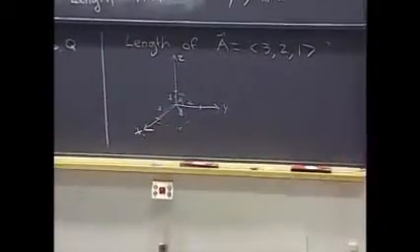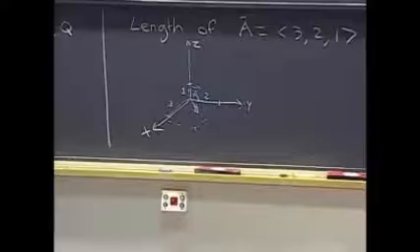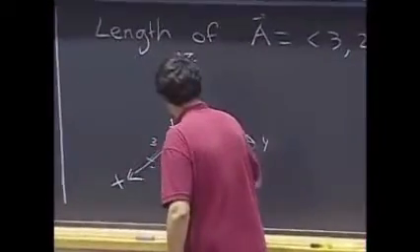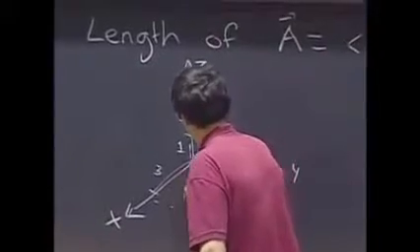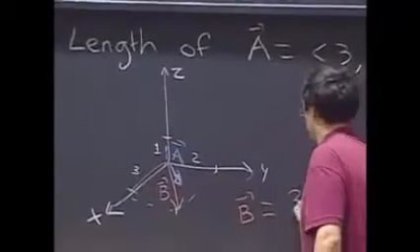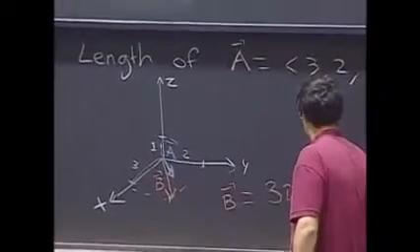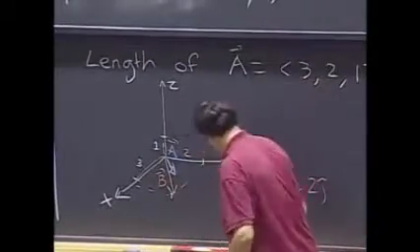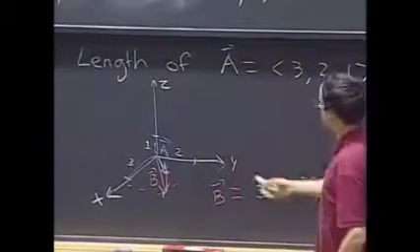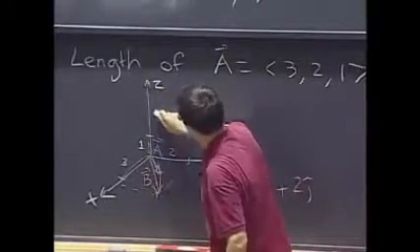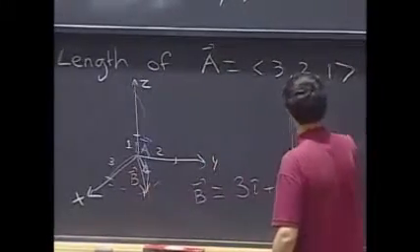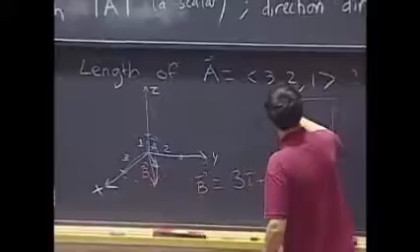Maybe we can start with something easier, the length of a vector in the plane. Observe that A is obtained from a vector B in the plane, say B equals 3i hat plus 2j hat, and then we just have to go up by 1 unit. Let me try to draw a picture in this vertical plane that contains A and B. That's the z-axis.